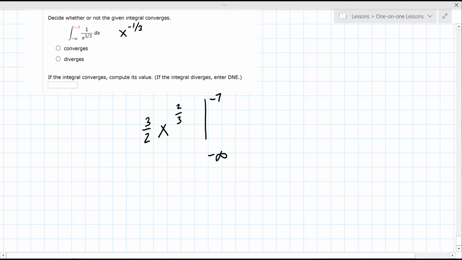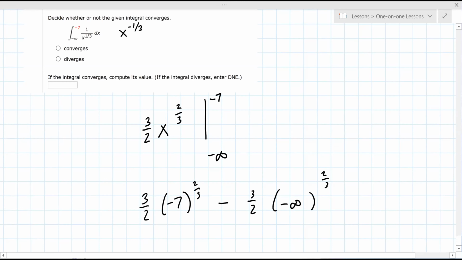Is that okay? So we're taking 3/2 of minus 7 to the 2/3 power, whatever that is, minus 3/2 of minus infinity to the 2/3 power. So this is a number. That's nice. Well, we can figure it out if we need to. But the problem is over here.